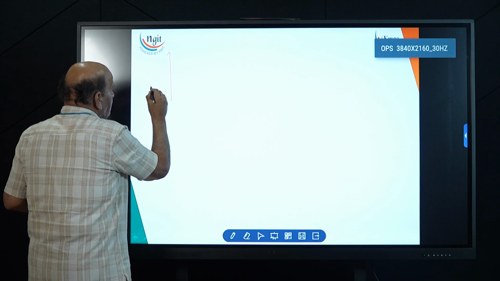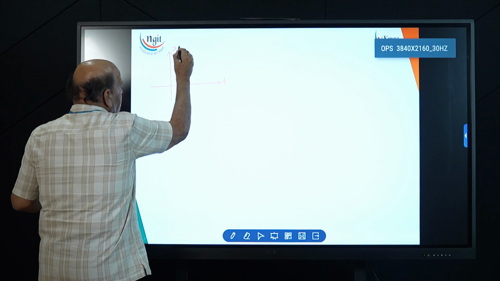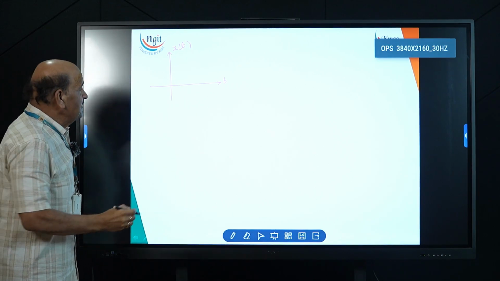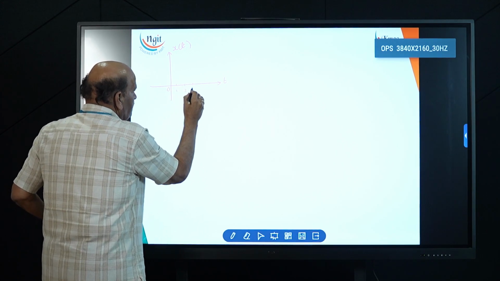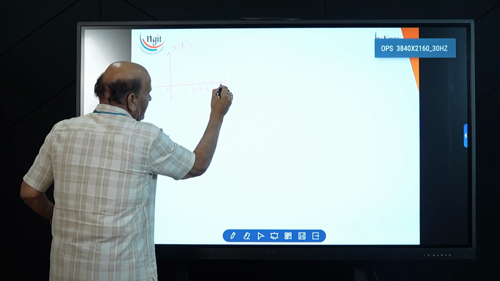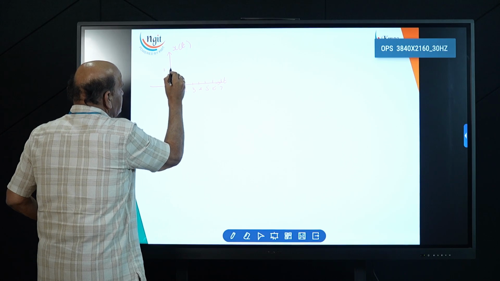Now just look at this, this is x of t. There is a signal, again just repeating the previous one, like 1, 2, 3, 4, 5, all these are time in seconds. Let us consider height 2.